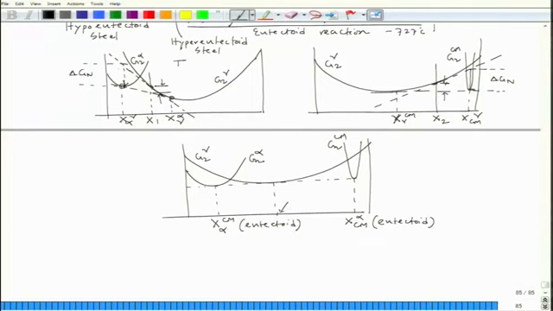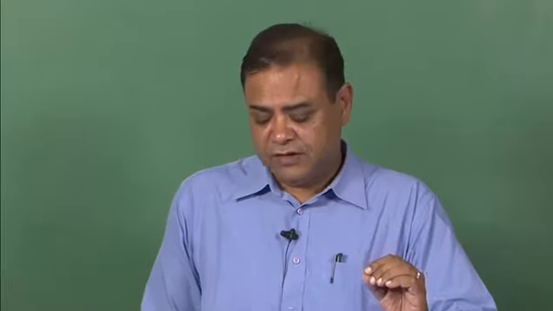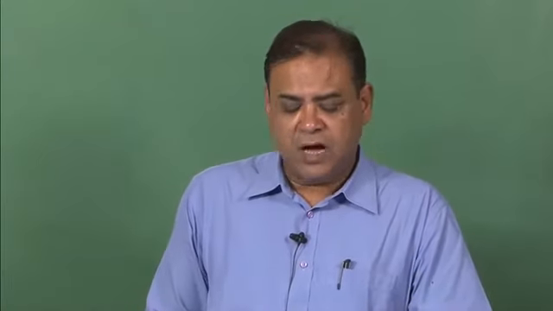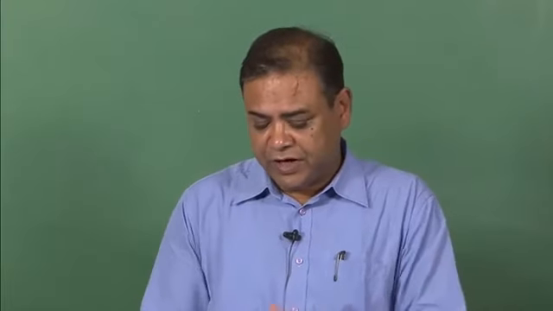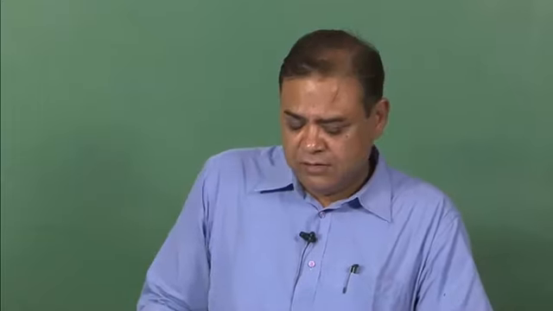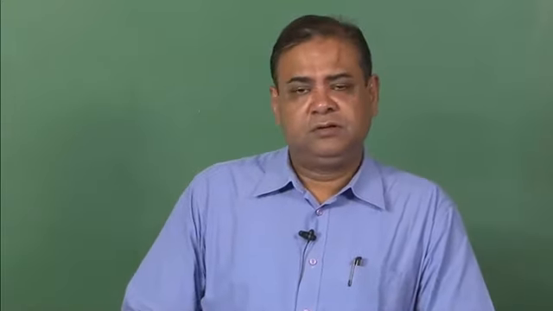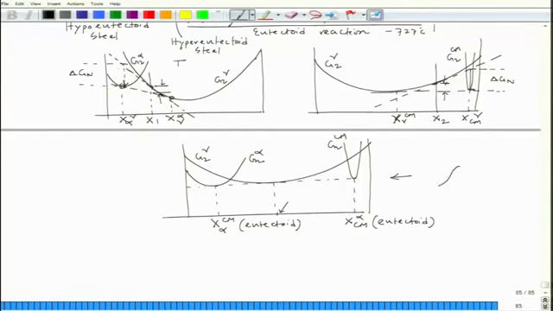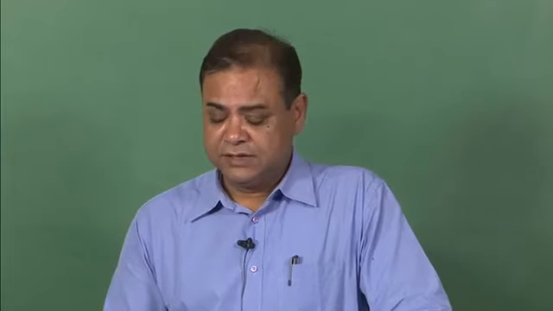This composition is nothing but the composition of the eutectoid, where even if there is a small amount of gamma, it will try to form alpha and cementite phases. Once I drop just below the eutectoid temperature, all the gamma will convert into alpha and cementite, and the phase morphology is like this, alternate lamellae of alpha and cementite.